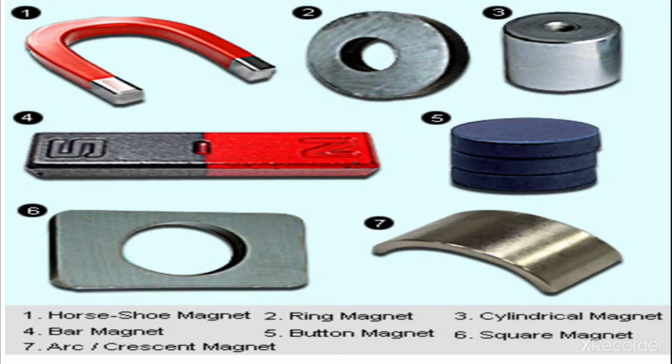Other artificial magnets with different shapes are the circular magnet, cylindrical magnet, button magnet, square magnet and ring magnet.